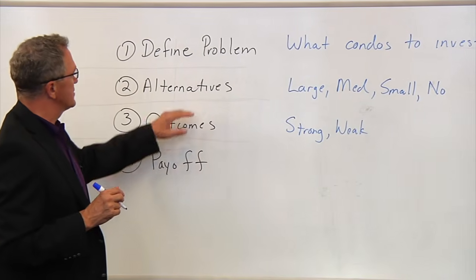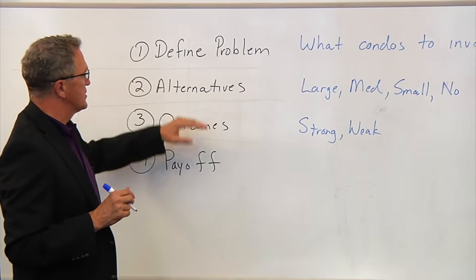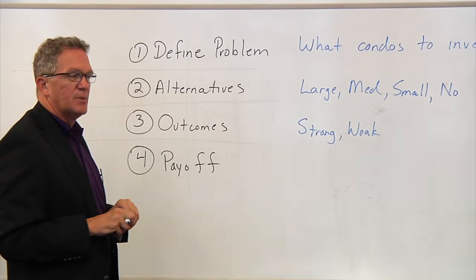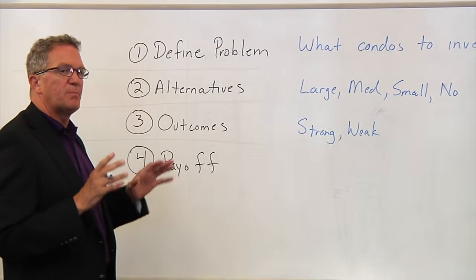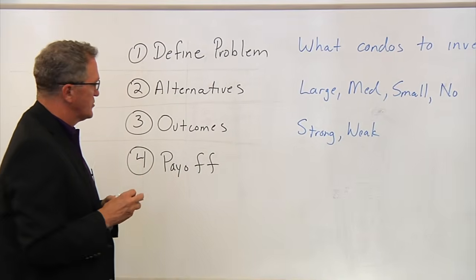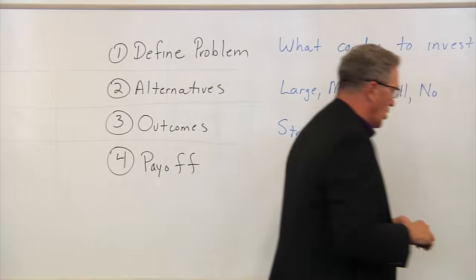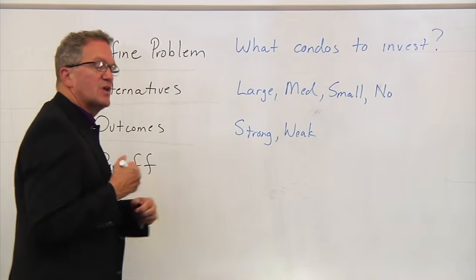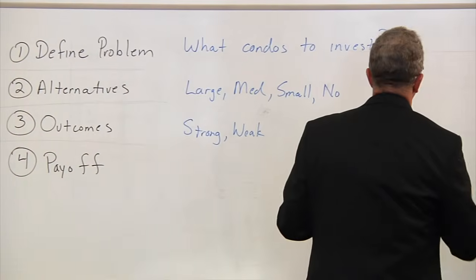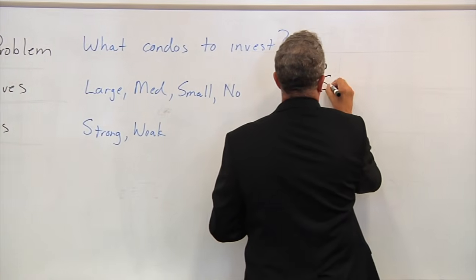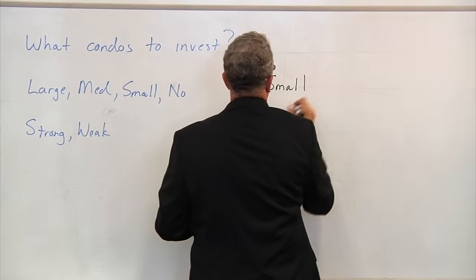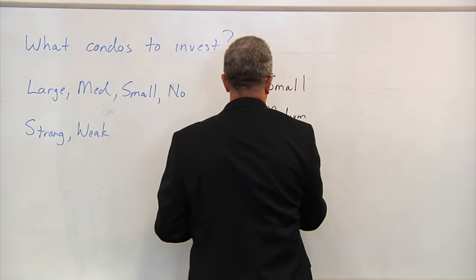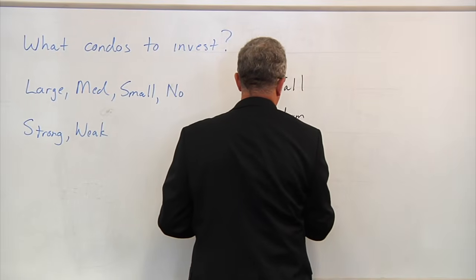The payoff tells us what is the payoff for each combination of alternative to outcome. And to do this, we'll actually build a payoff table. So the payoff table, we normally take our alternatives and use them in the rows. So my alternatives here are I can invest in small condos, I can invest in medium condos, or I can invest in large condos.